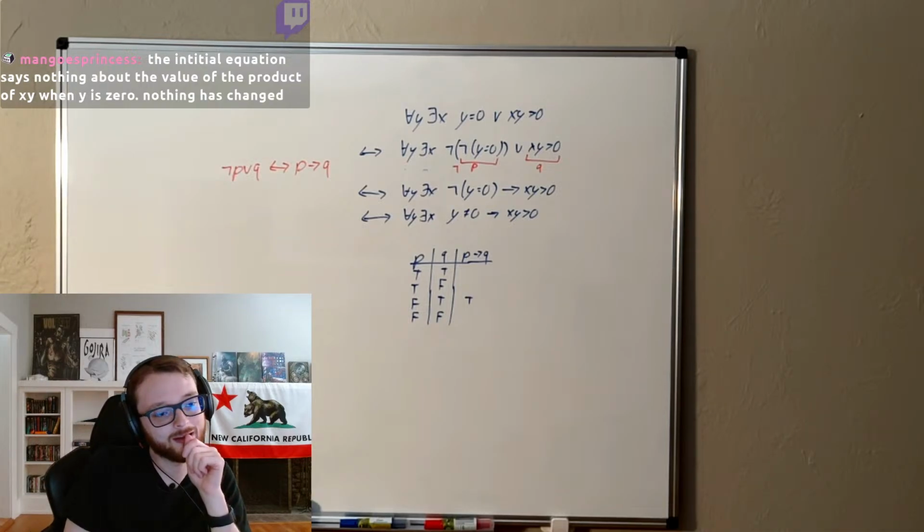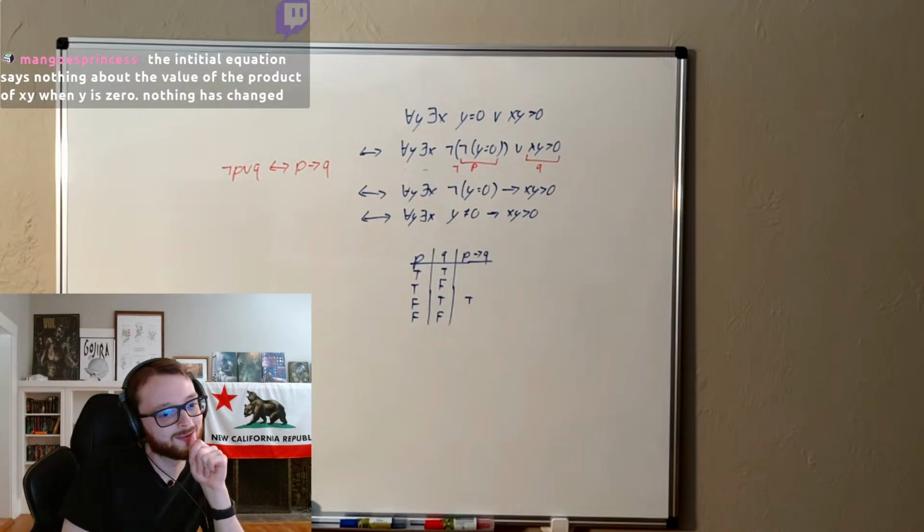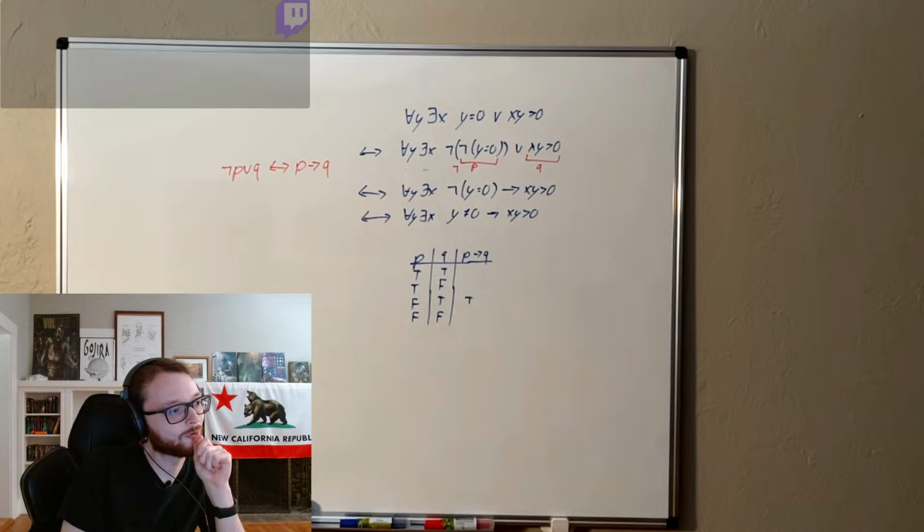Oh, okay, nice. Yeah, that's probably it, mangoes. It doesn't say anything about the product when y does equal 0. That's probably how we explain that.